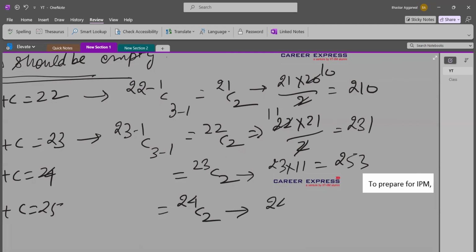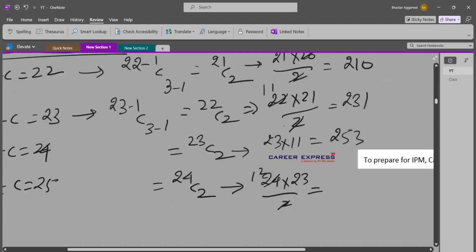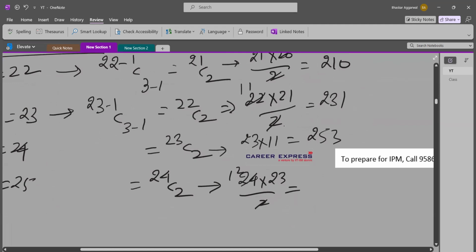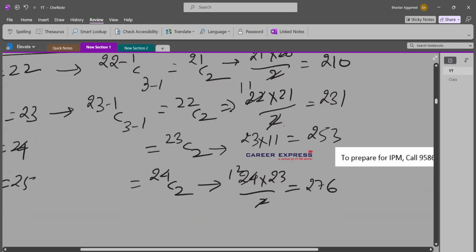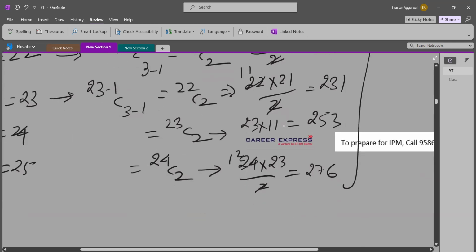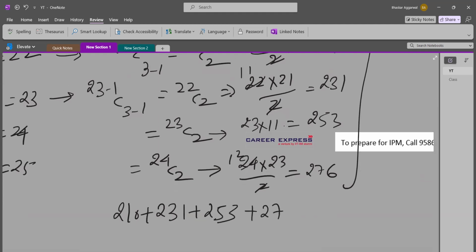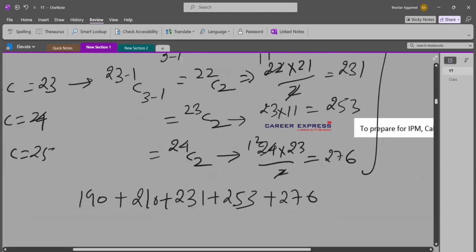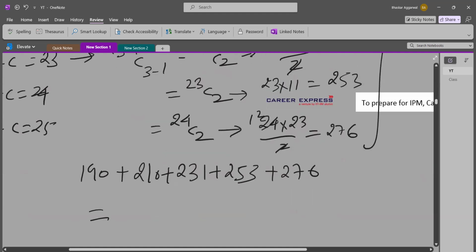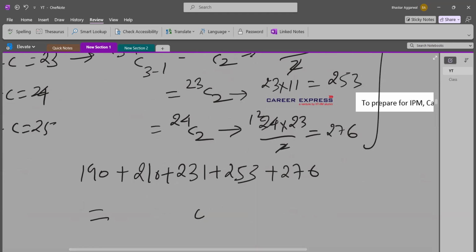Next is 24C2: 24 into 23 by 2, so 230 plus 46, 276. So we add these numbers: 190, 210, 231, 253, 276. If we add all these numbers, the answer will be 1160.